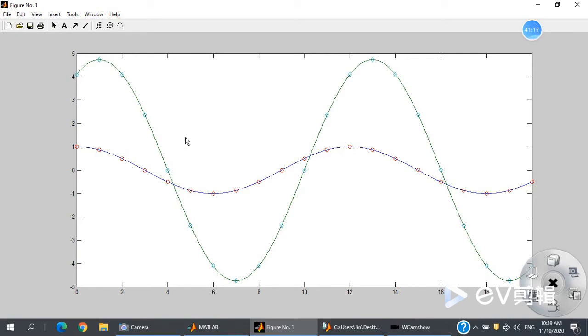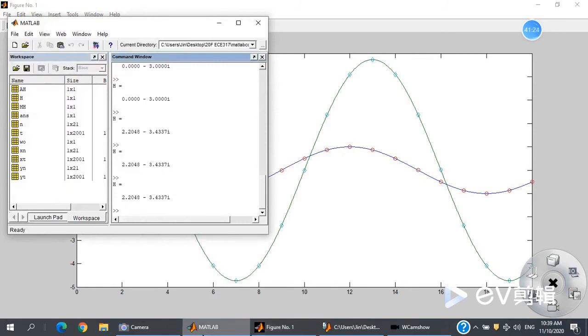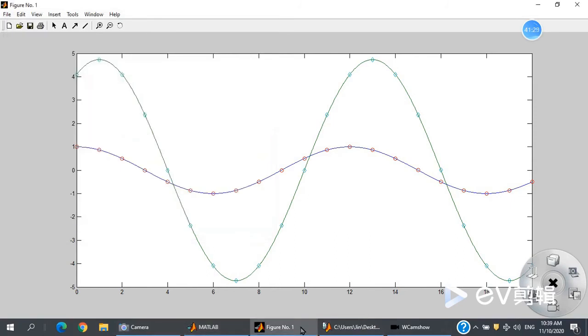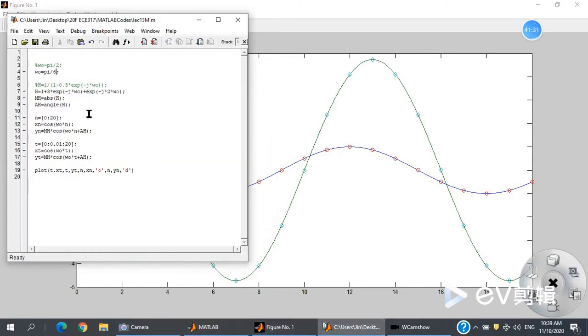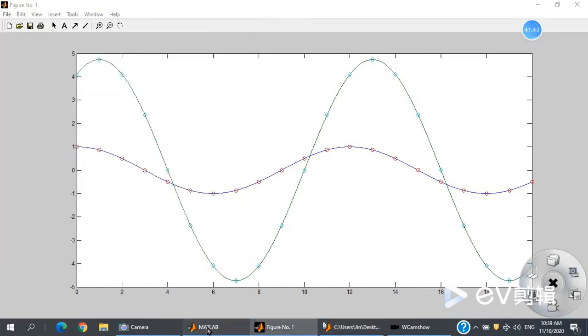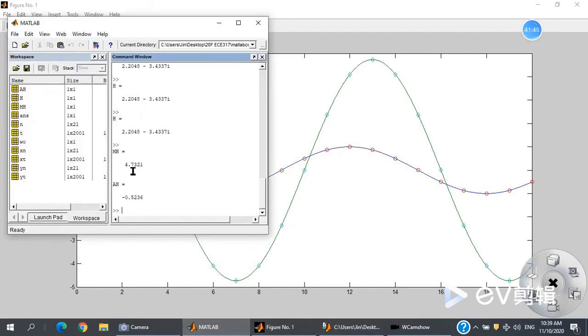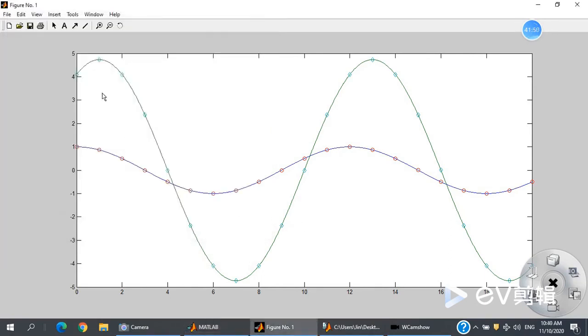The value at these times should be 4 point something. Did I show it? Oh, I showed h. I don't want h, I want the absolute value of h and the angle of h. Then we can see the values: magnitude is 4.7, and the phase is about -5 to -7.